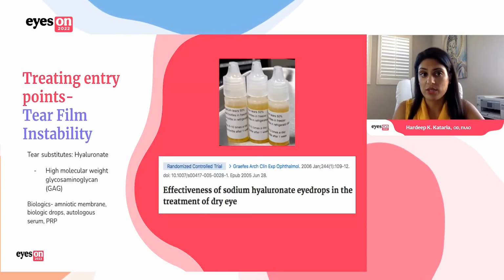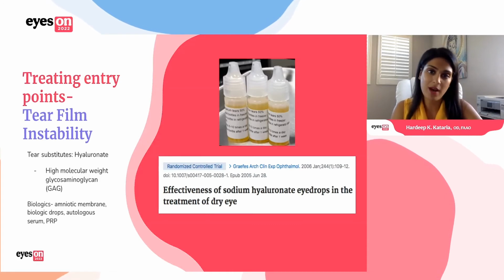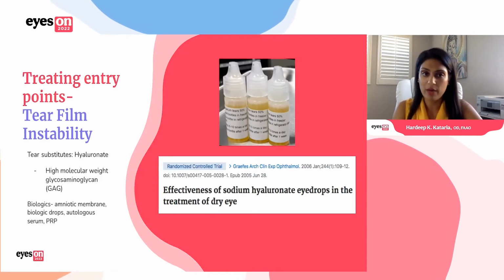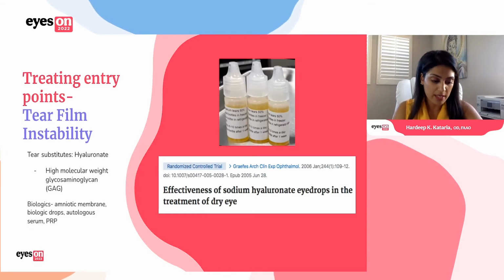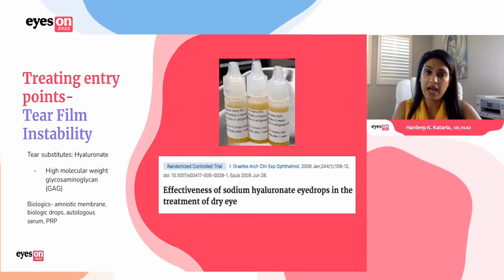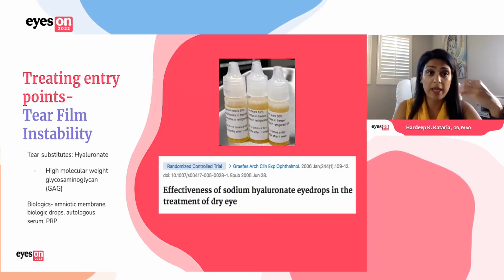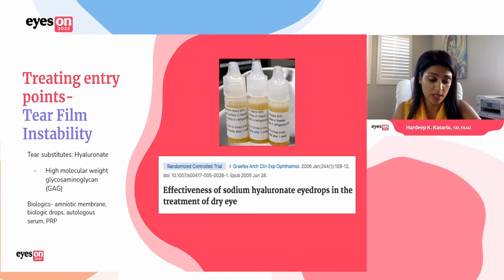Tear substitutes can be very helpful, and using the right tear substitute for the type of dry eye that the patient has can also be very helpful. So sodium hyaluronate is a great way to start. It's a high molecular weight molecule, and it acts as a humectant to help retain those tears on the surface of the eye, as well as a lubricant and a hypoosmotic here as well.